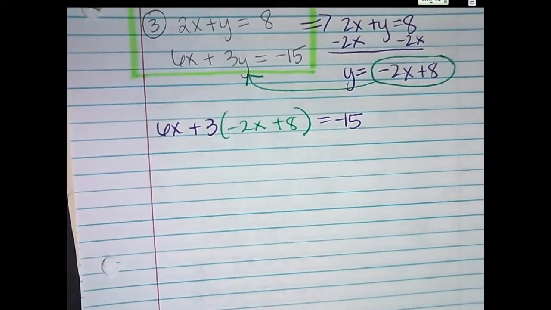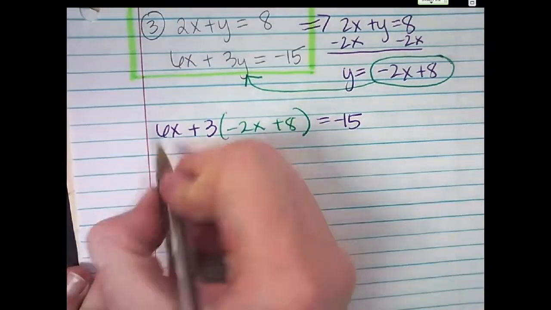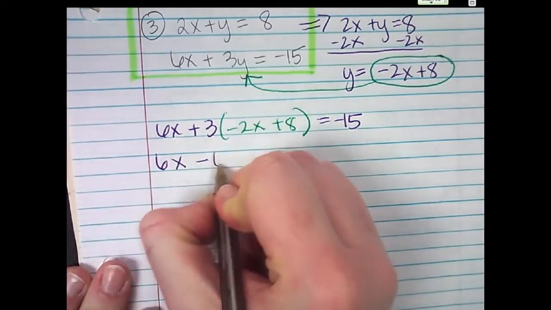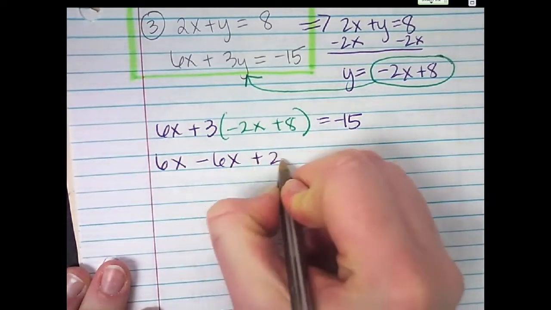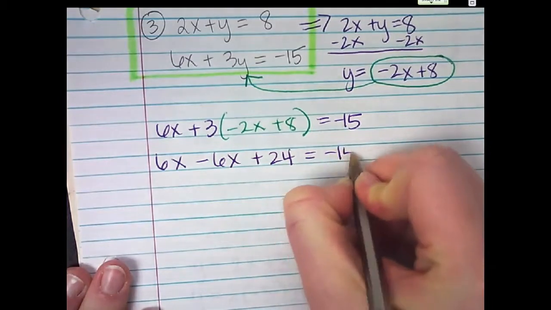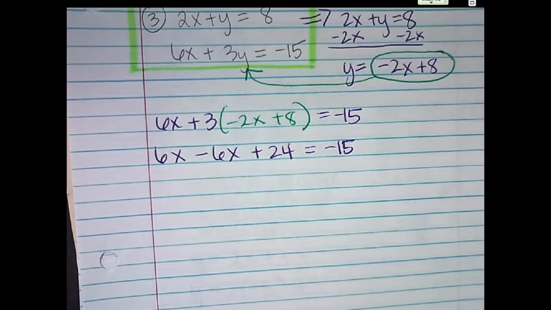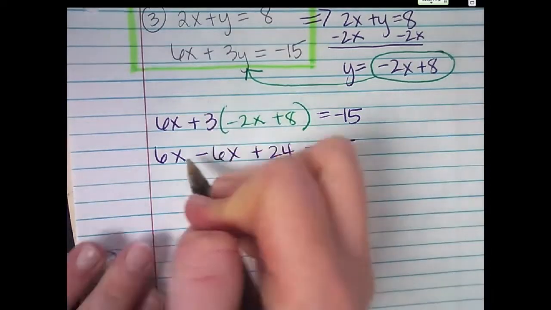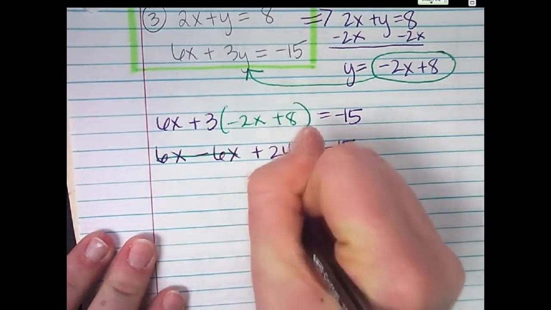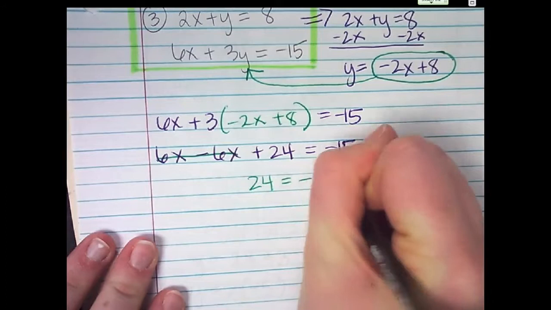Okay, so go ahead and solve for x. What happens to the 6x and the 6x on this one? They cancel. So I get 24 equals negative 15.